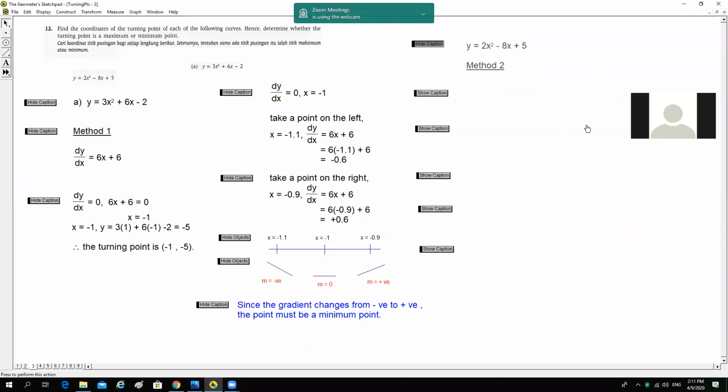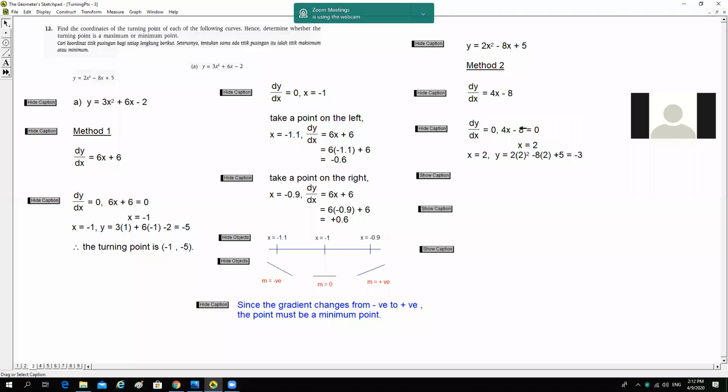Second method. I use another equation already. I use this example, no longer example A. I use the first example. The first thing, find the turning point. How to find the turning point? dy/dx equals 0. Find dy/dx, put dy/dx equal to 0, and after that, you have found the value of x.